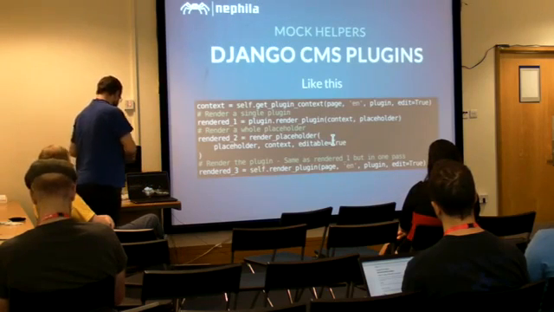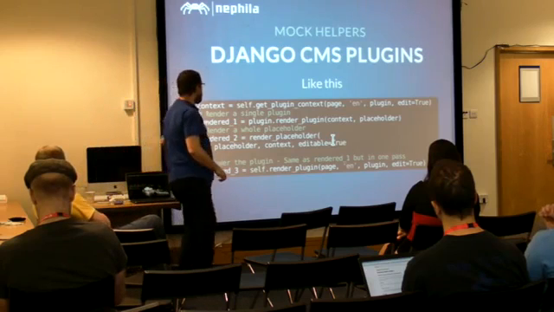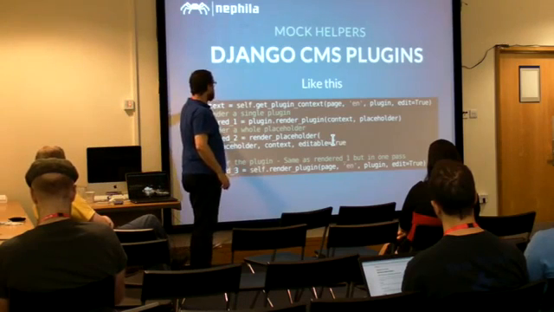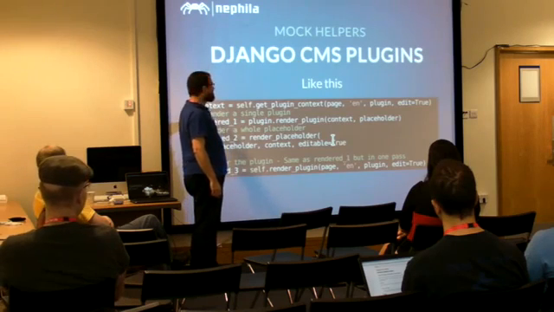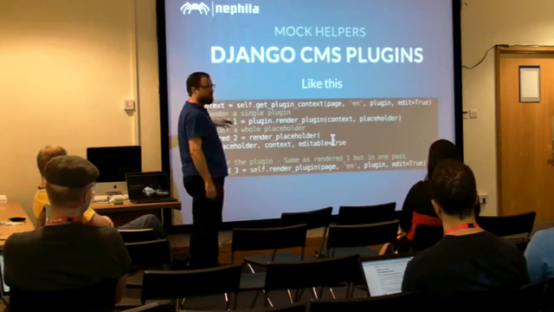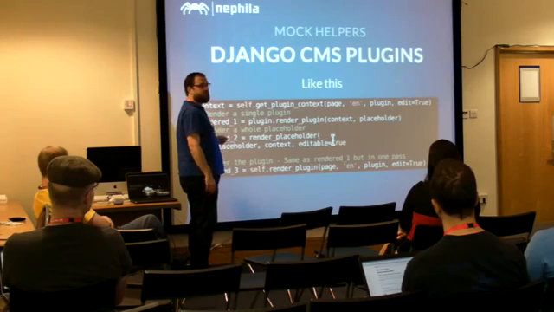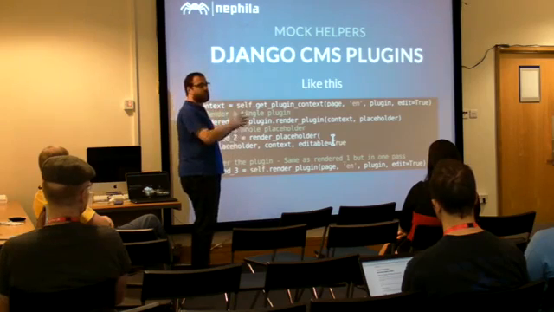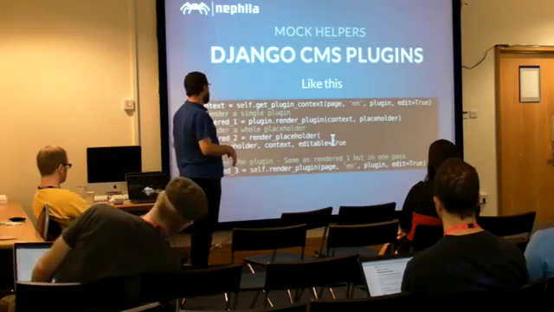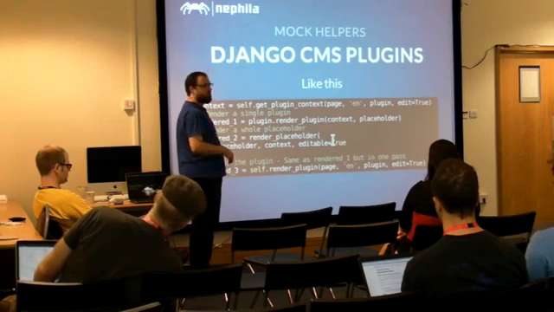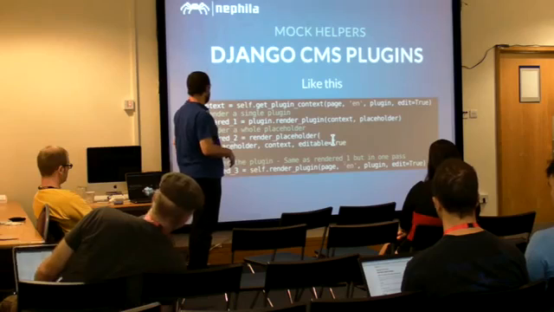So with this command, you get a whole plugin context, which is kind of special, as especially in Django 1.8, you can't really create a request context and render a plugin out of it, because Django 1.8 changed a few things. It used to work until 1.7, but this won't work in 1.8.